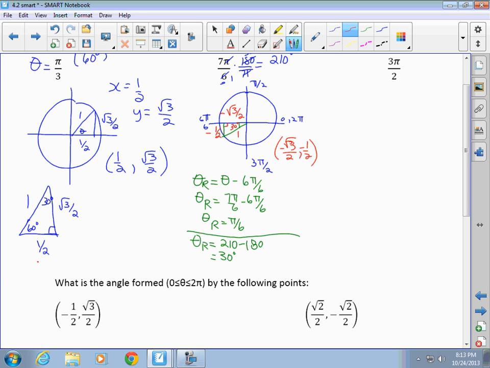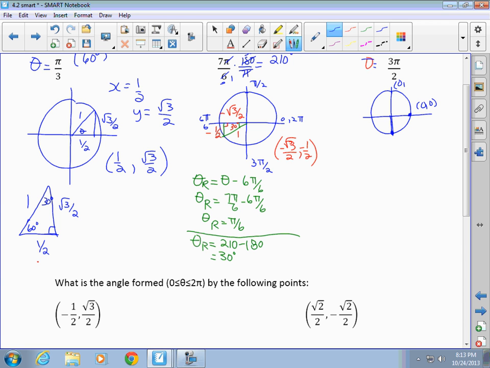Okay, 3 pi over 2. So if theta is equal to 3 pi over 2, if I draw my unit circle, well, 3 pi over 2 is right there. So it's going straight to this line here. This point here is at 1, 0.